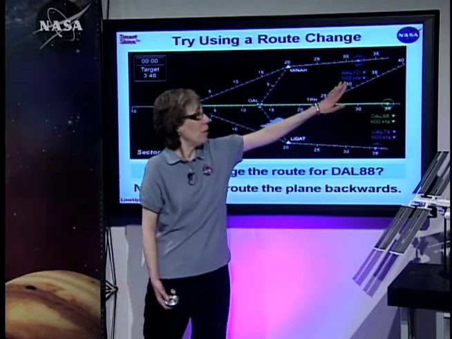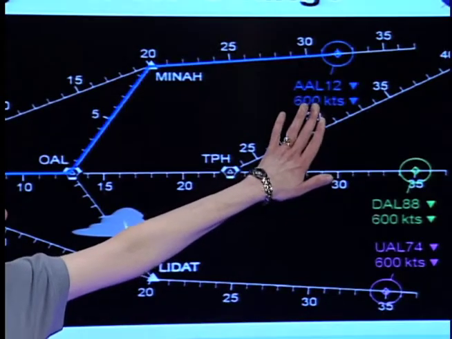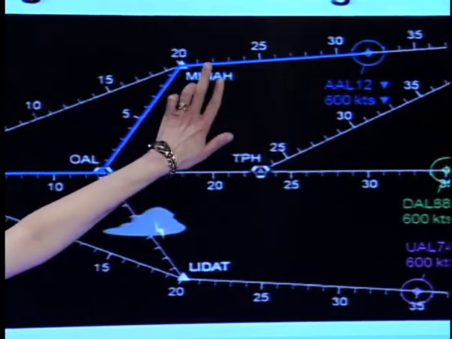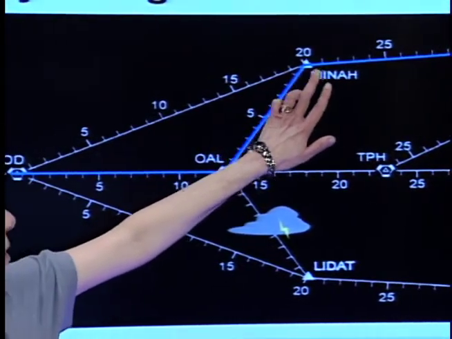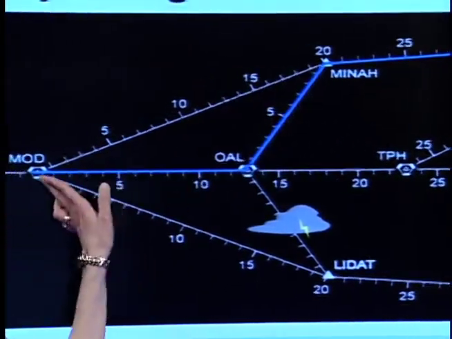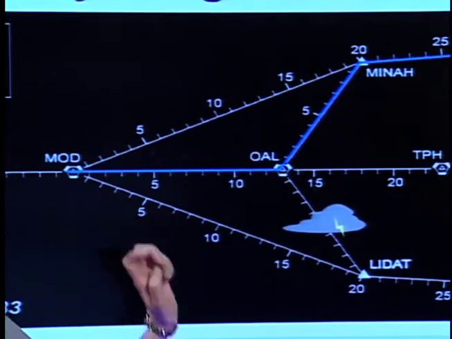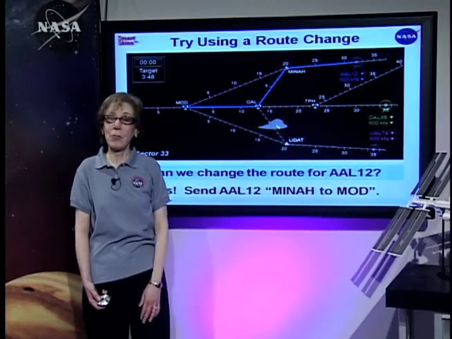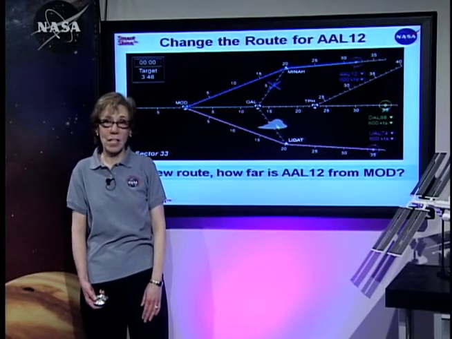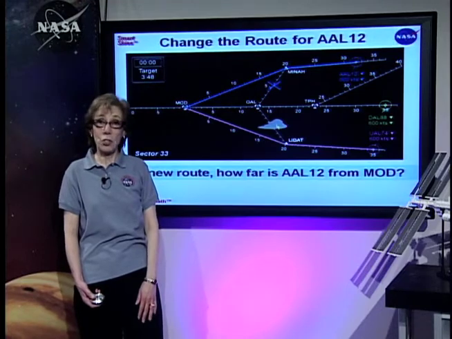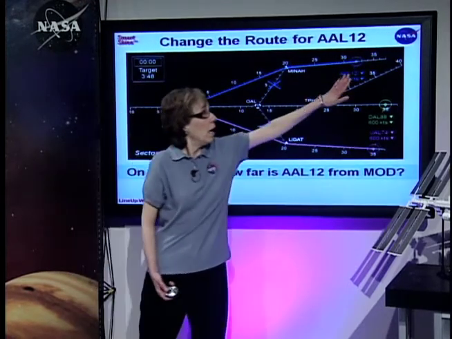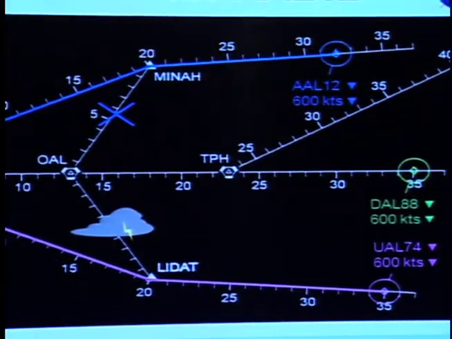How about for American? Well, yes, we can make a change. We can send American direct from Mina to Modesto. And let's see what happens if we do that. If we do that on the new route, how far is American from Modesto?